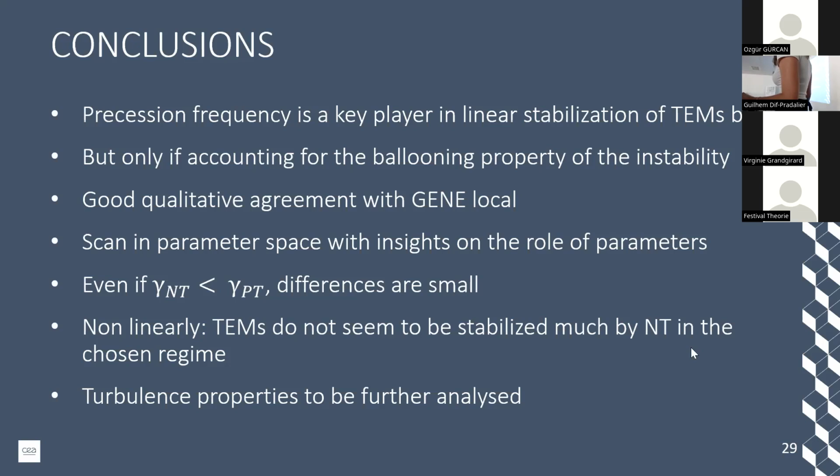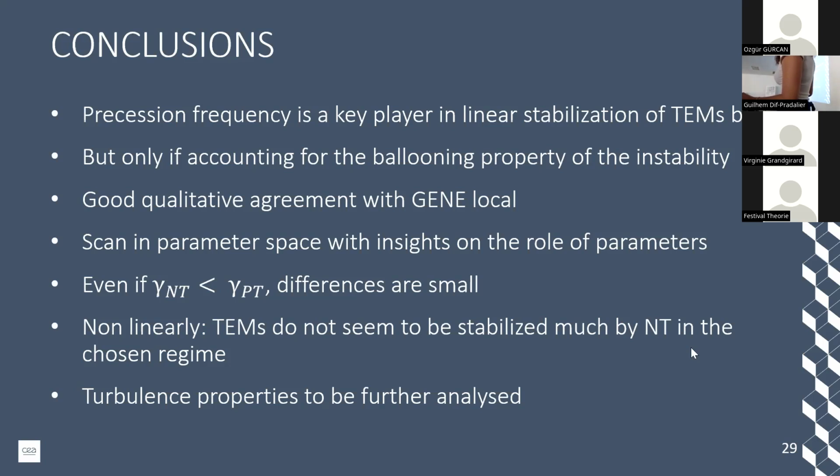We find a good qualitative match with GENE local simulations, and we scanned the parameter space to get insight on the role of parameters. Even if the growth rates of negative triangularity are lower than the growth rates of positive triangularity, differences are quite small. So we think that nonlinearly we will find something.